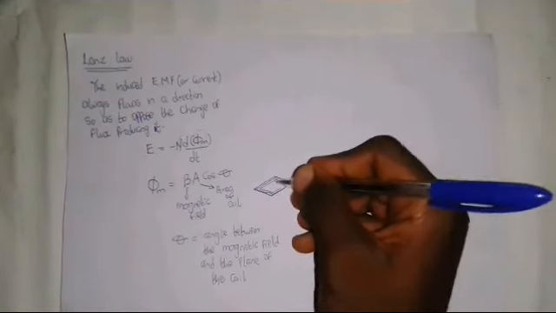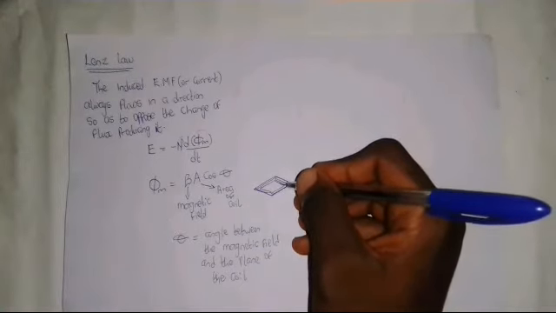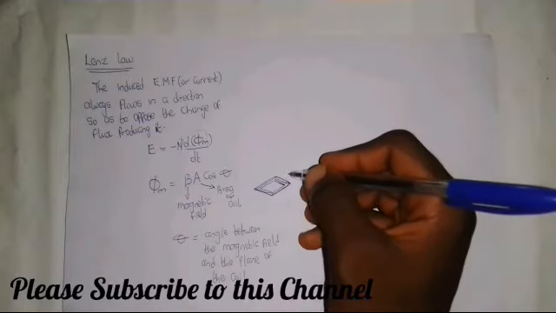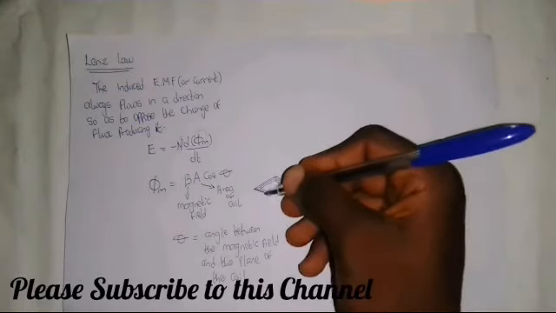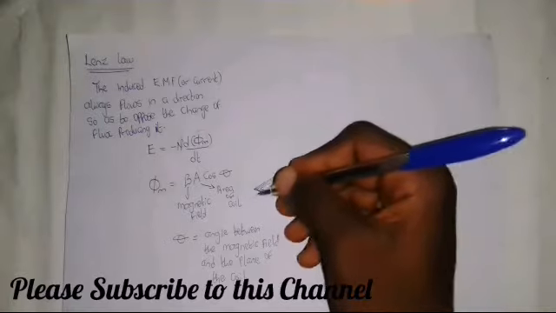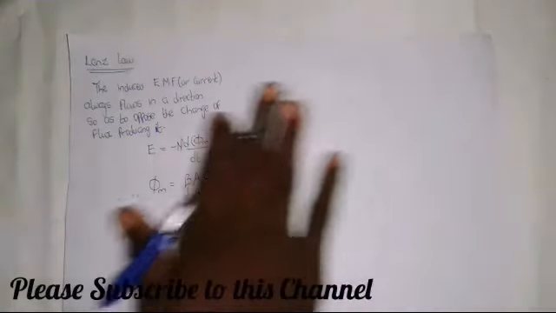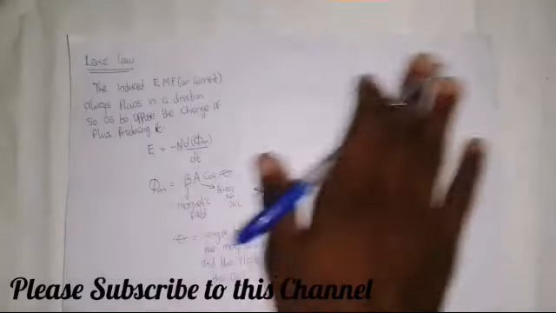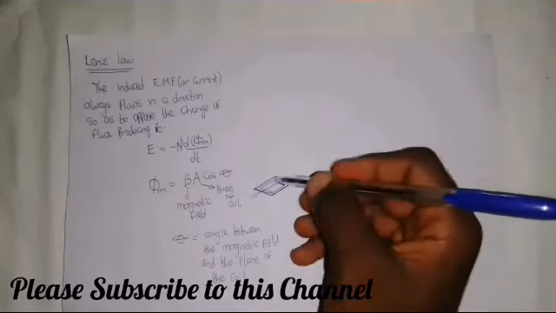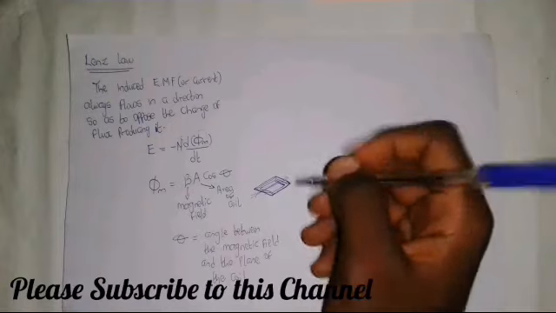I will also explain for the solenoid as well. So this is a solenoid, also rectangular. Now this is the plane of this form right here. This is the plane of the coil.